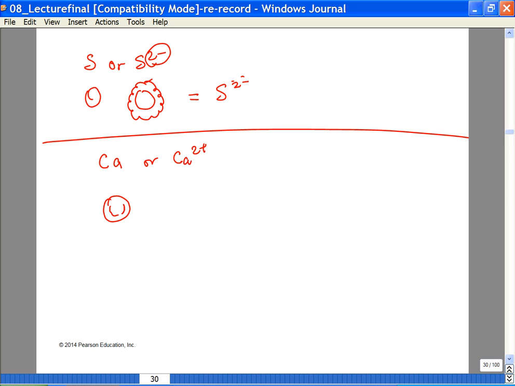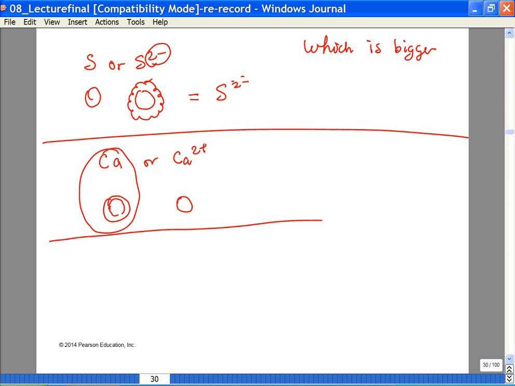Well, we said if they're isoelectronic, if it has the same number of electrons, then we look at the number of protons to determine which one is larger. The one that has the largest number of protons is smaller. So therefore, bromine ion is larger in this case. Okay.